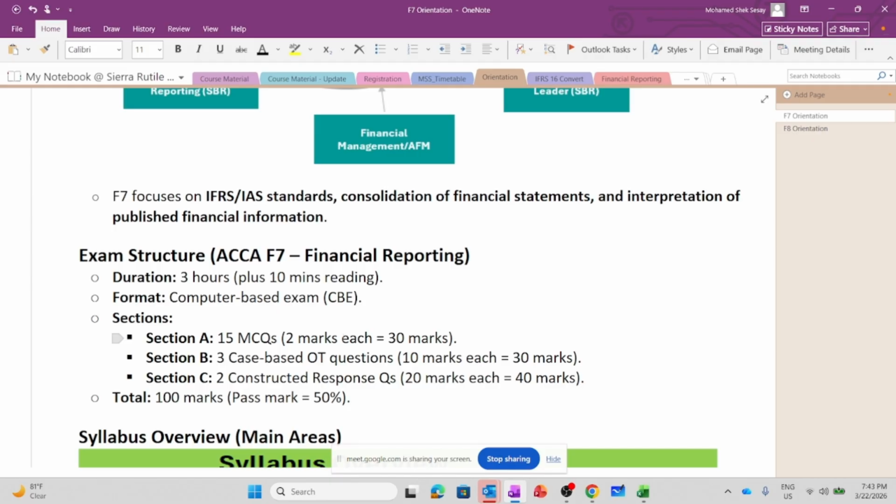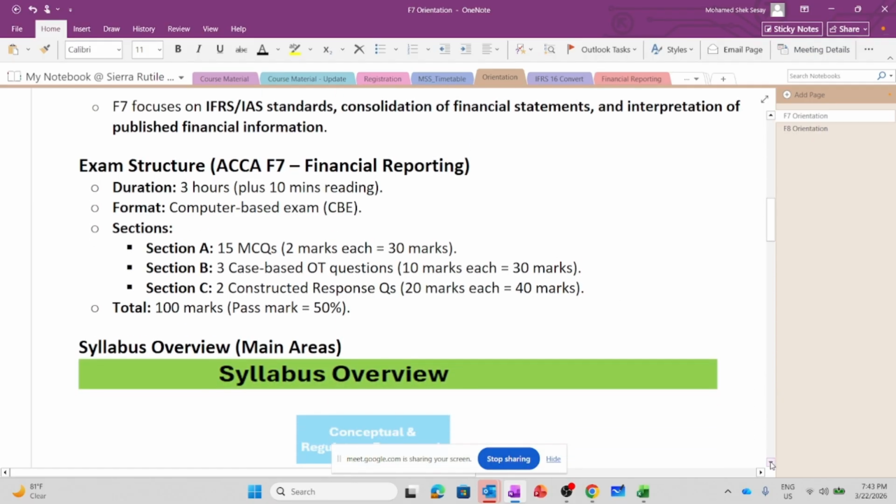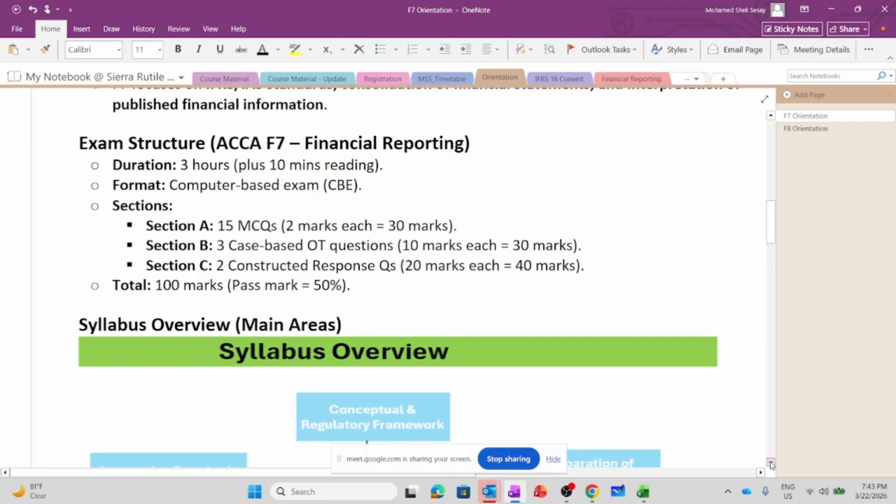So when we are going through the session, we are going to place key focus on consolidation as well as ratio analysis, because understanding of ratio analysis and consolidation will give you up to 40% of the examination, while the remaining 60% can be from various accounting standards, IASs and IFRSs. Then the pass mark for the examination is 50%. Anything below 50% is not acceptable. 50 and above is the pass mark for the examination.